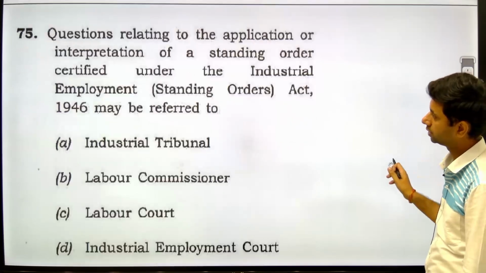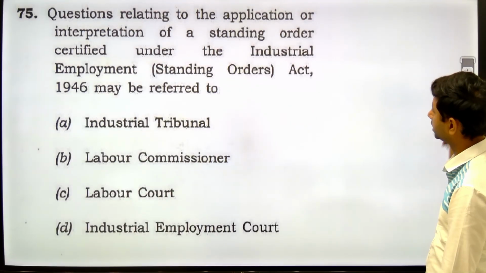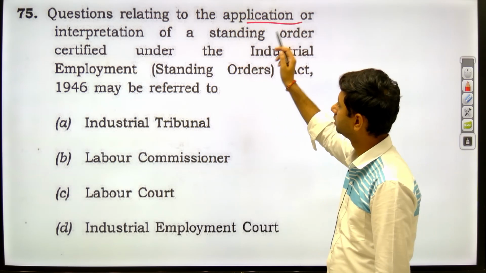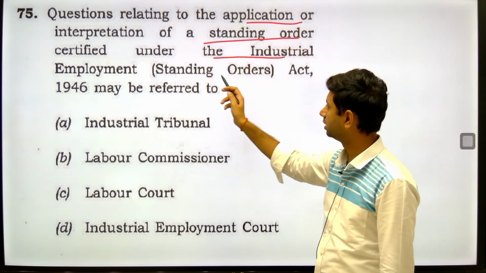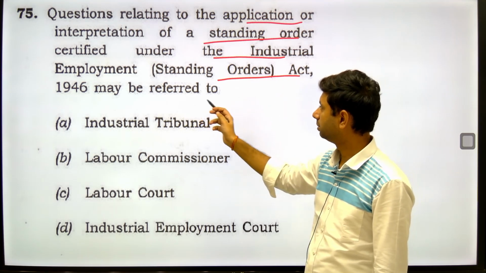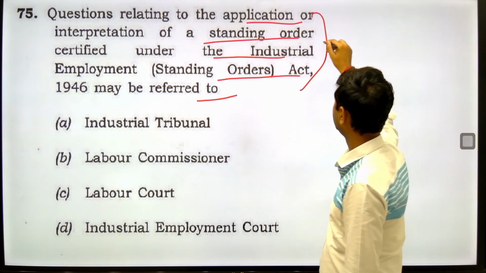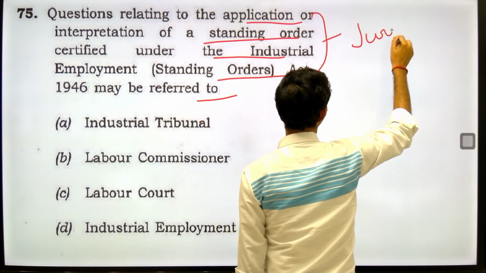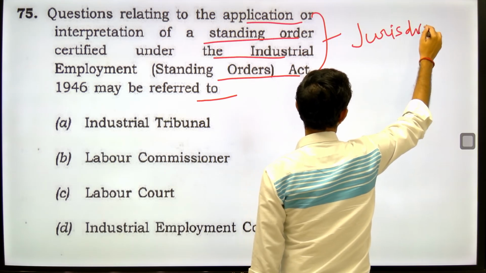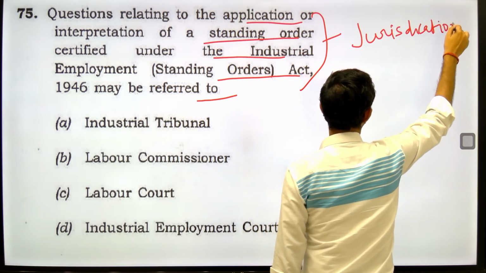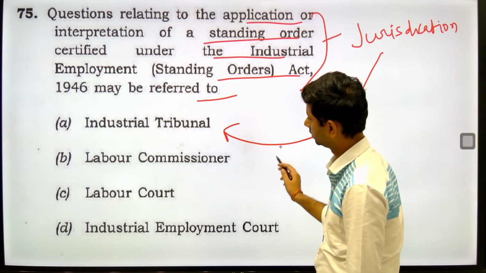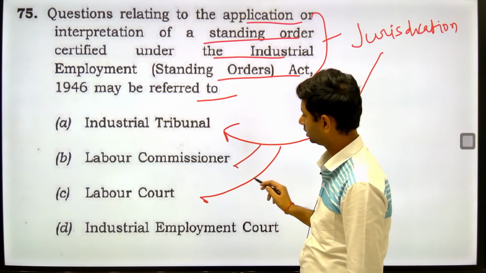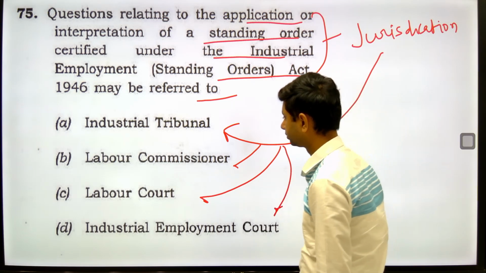Let's move on to the next question. It is about questions relating to application or interpretation of standing orders certified under the Industrial Employment Standing Orders Act, which may be referred to a particular body. So this is talking about the jurisdiction of the bodies mentioned in the options: Industrial Tribunal, Labor Court, Commissioner, and Employment Court.